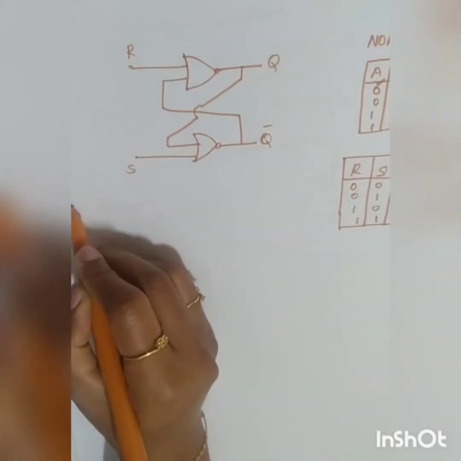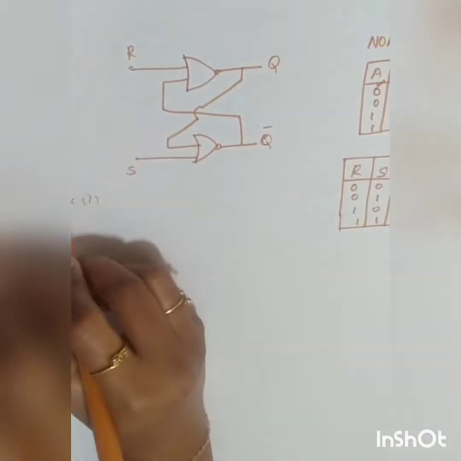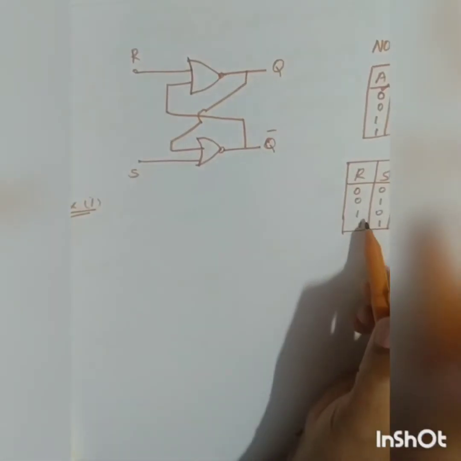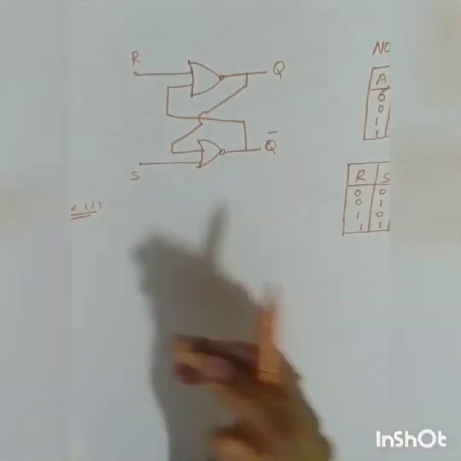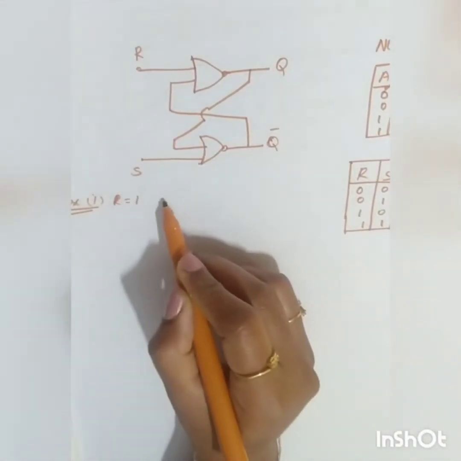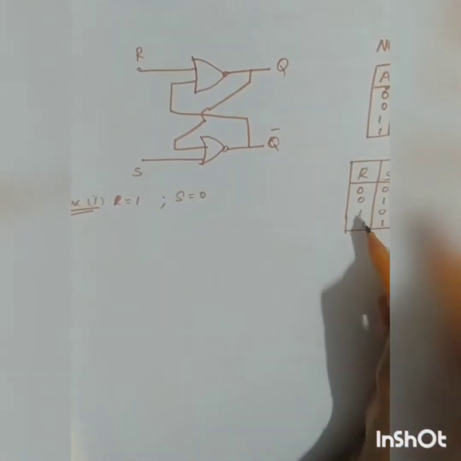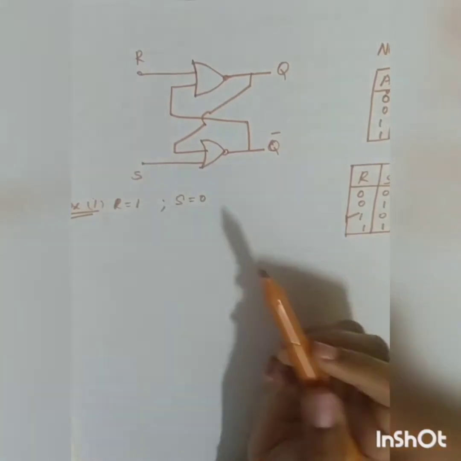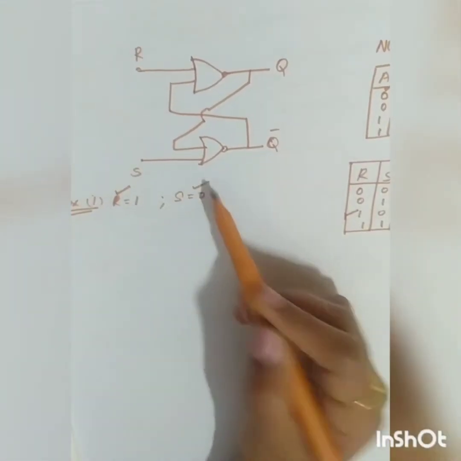Let me take the first condition, case 1, as R is equal to 1 and S is equal to 0. You can take it in any fashion; this is for your understanding. So reset is equal to 1 and S is equal to 0.